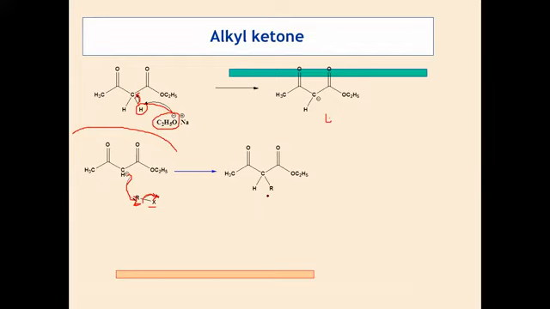So there is a formation of an alkyl ethyl acetoacetate. This is the carbanion of ethyl acetoacetate. Now this one is the alkyl derivative of ethyl acetoacetate.